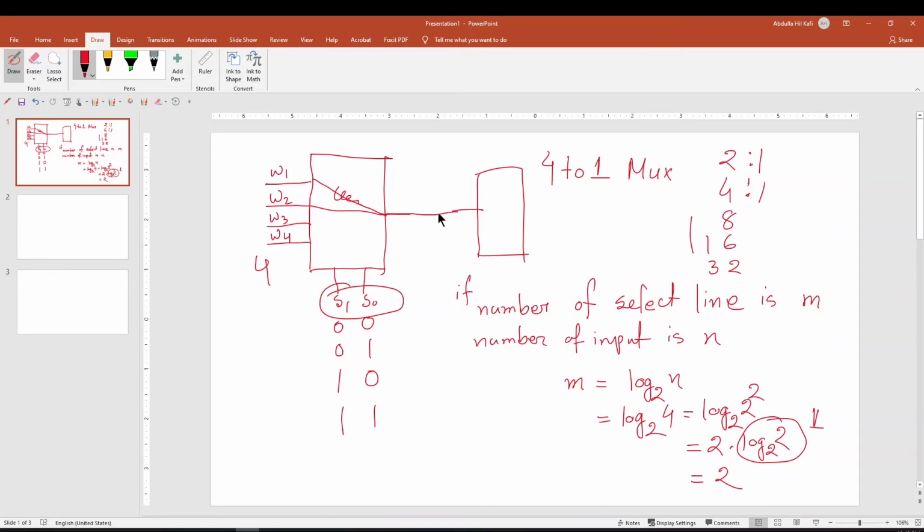Previously we used lots of basic gates to complete a full combinational circuit, but by using only this multiplexer IC you can reduce lots of logic gates, and it also reduces the circuit complexity.